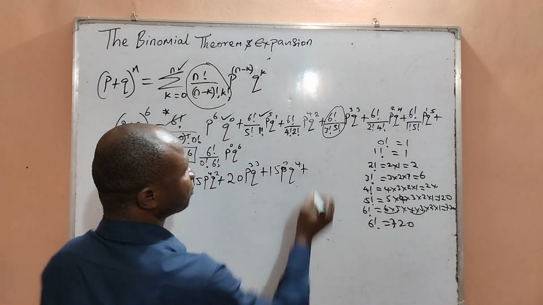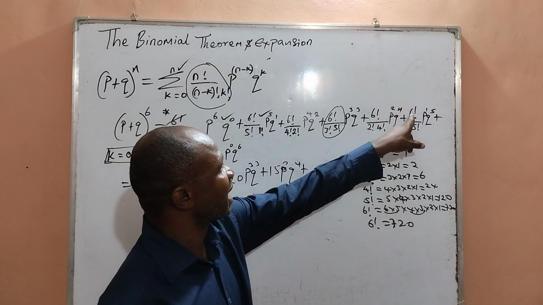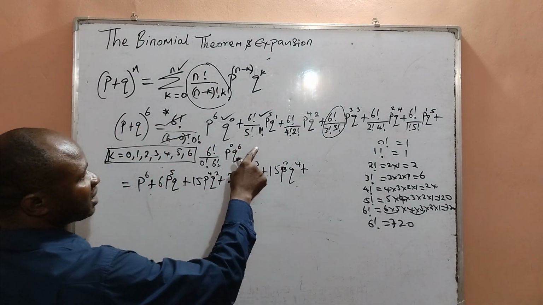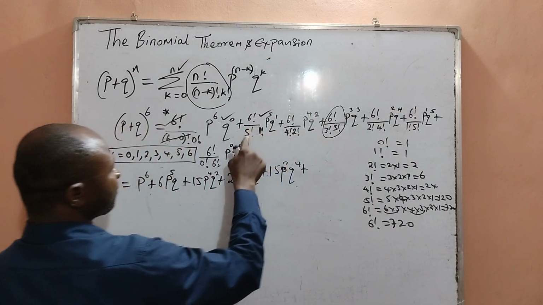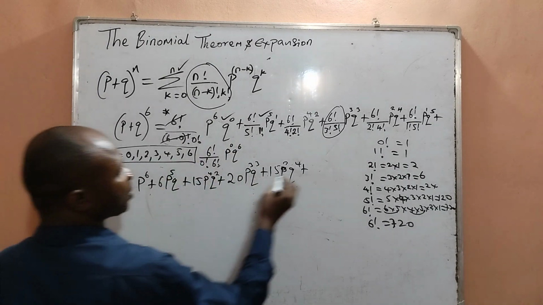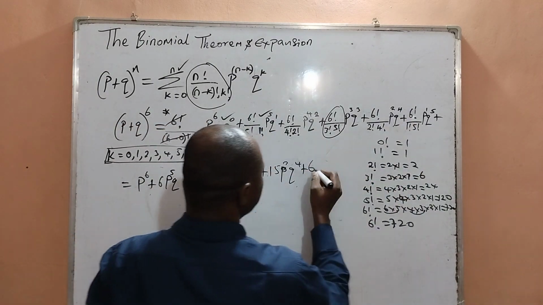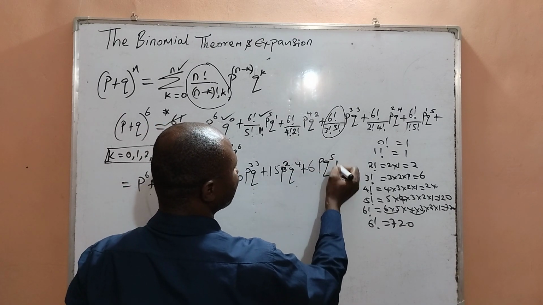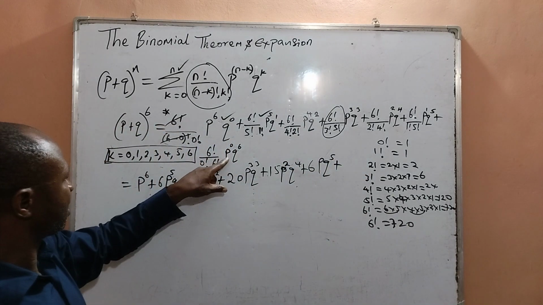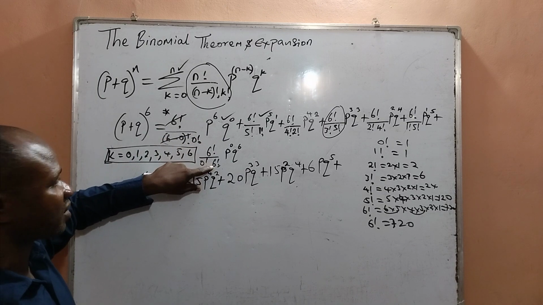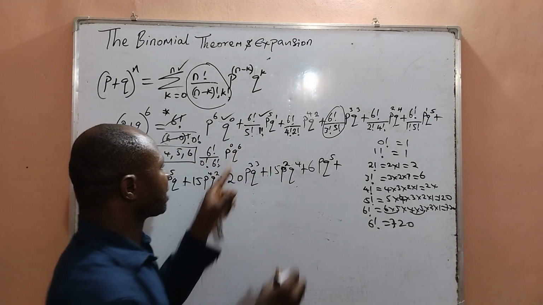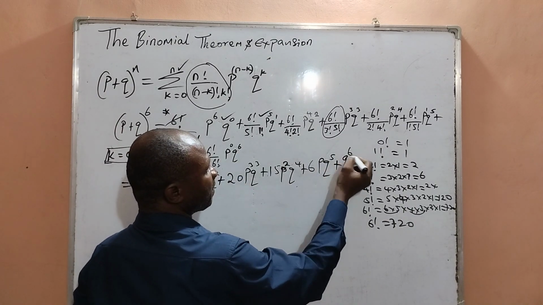Next, I have 6 factorial over 5 factorial. See where we evaluated that, and what we got there was 6. So that is 6, then we have p to the power of 1, and then q to the power of 5. And the last part is here. 6 factorial divided by 6 factorial gives us 1. Then we now have p to the power of 0, which is 1, and q to the power of 6 will give us q to the power of 6.